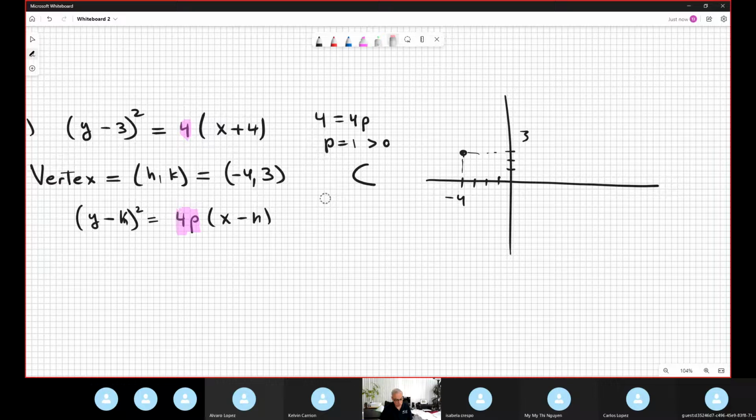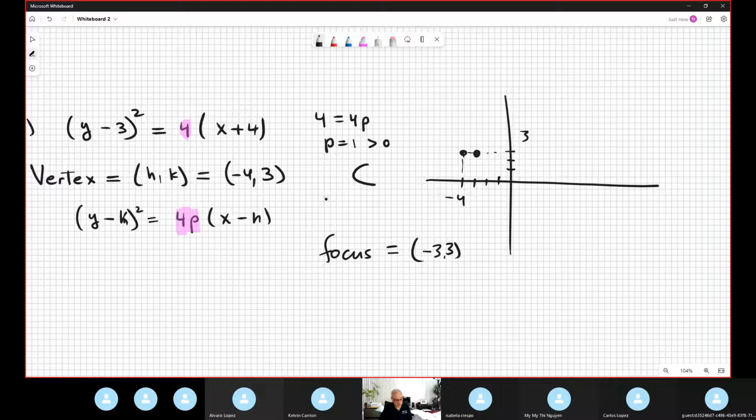Now it's extremely important, the focus. The focus is at the point (-3, 3). So the focus is here. Look. Why? Because the distance is p and p is 1.